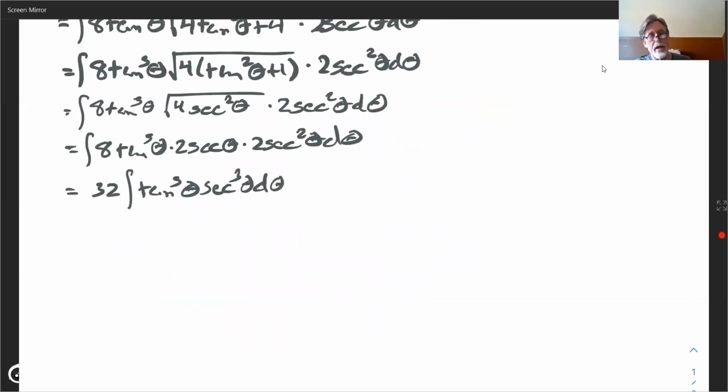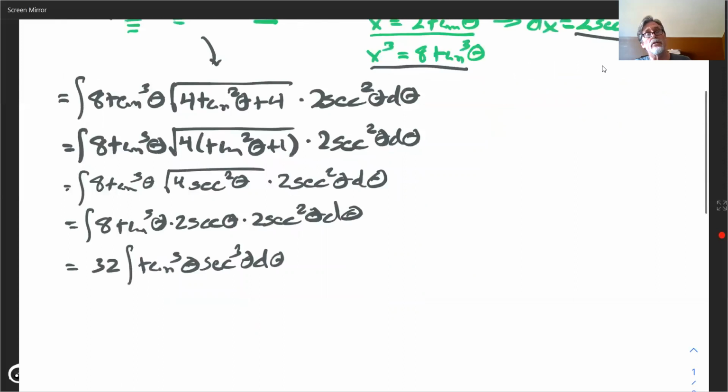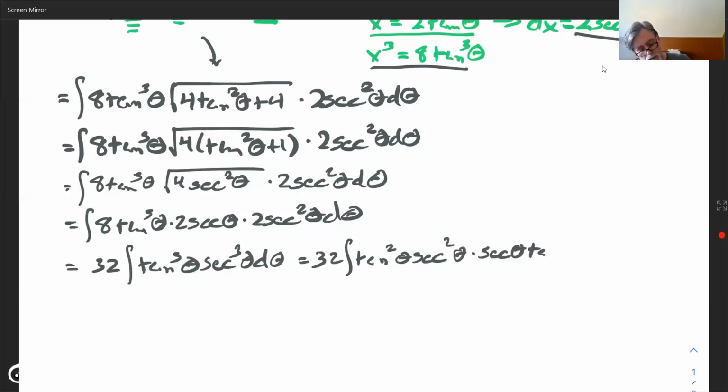So what we do with that is a newfangled way of doing things. I'm going to split off a tangent, leaving a square, and a secant, leaving a square, so that we have secant times tangent, like we've seen before.